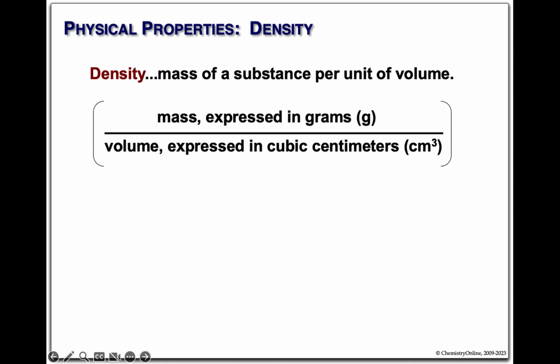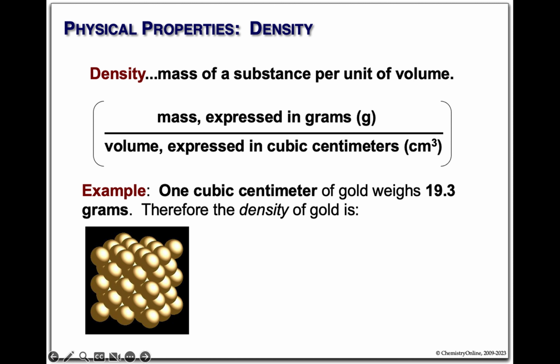If we had exactly 1 cubic centimeter of gold, something like this, 1 centimeter on the side, that thing would weigh 19.3 grams. So we can calculate its density. Mass divided by volume.